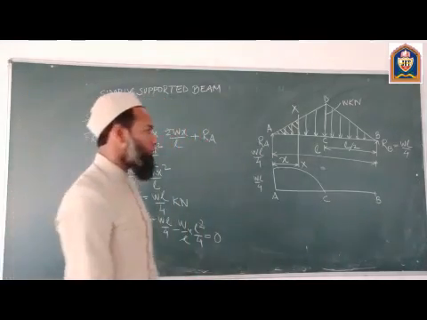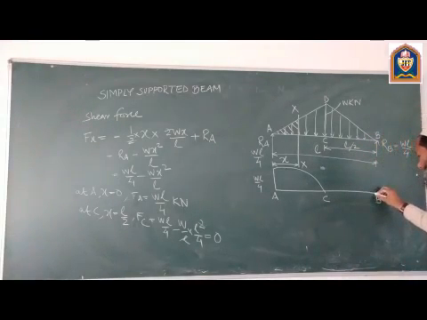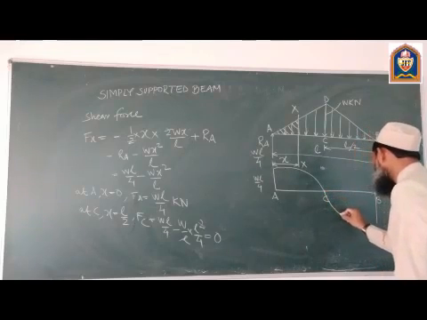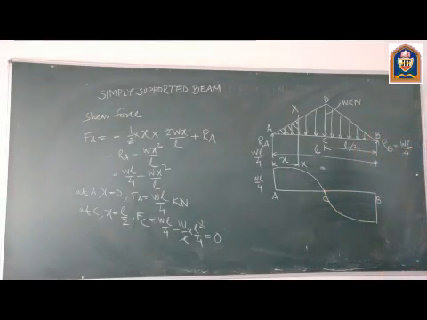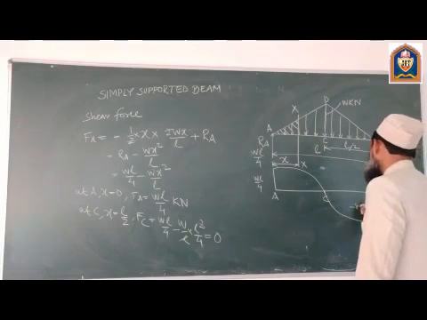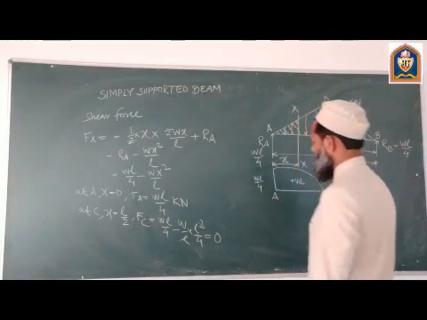And when we move from this side, the diagram which we will get will also be a parabolic curve, but the value of the shear force at point B will be WL by 4, but it will be negative in nature, and here it is positive.